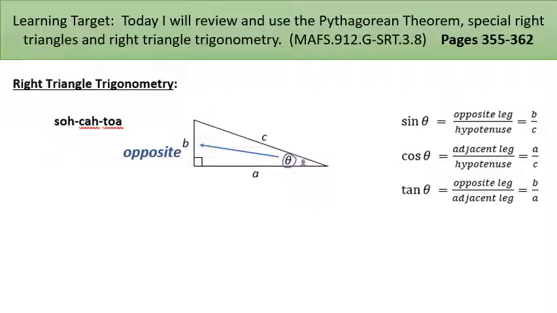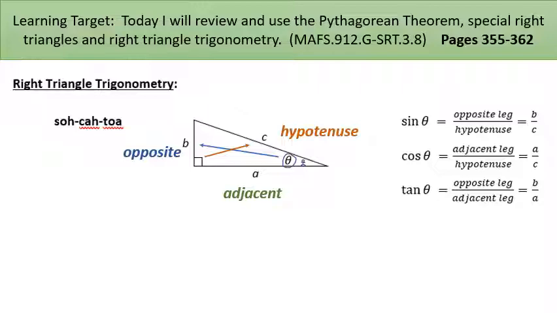That's your opposite side. Okay, the next thing I find is the hypotenuse. Where's the right angle? It's right there, which means C has to be the hypotenuse. Okay, so B's opposite, C's the hypotenuse. That leaves one side left. That has to be the adjacent side. The word adjacent means beside.